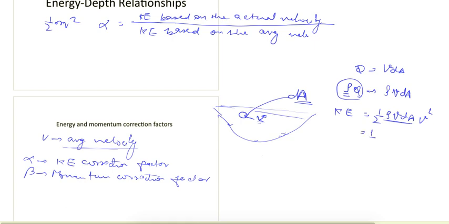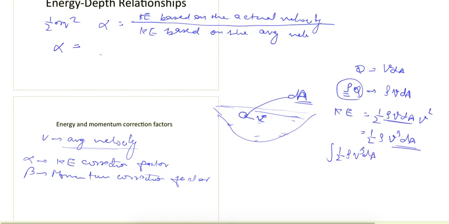So I can write it as half rho v cube dA. Here is the kinetic energy based on actual velocity for the elemental area dA, and if I take all the elemental areas in this complete channel, it will be the integration of half rho v cube dA.